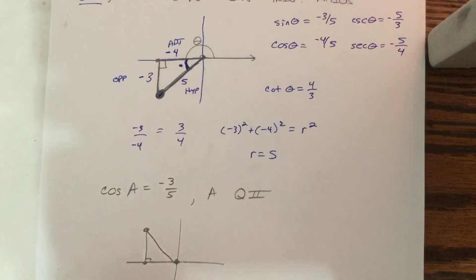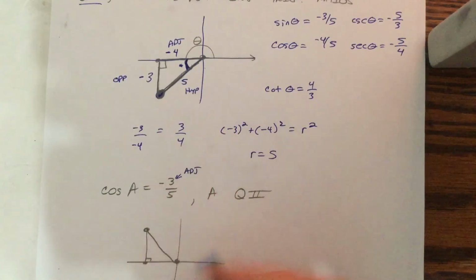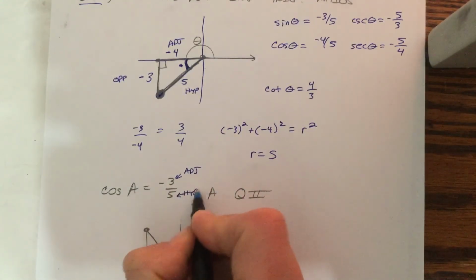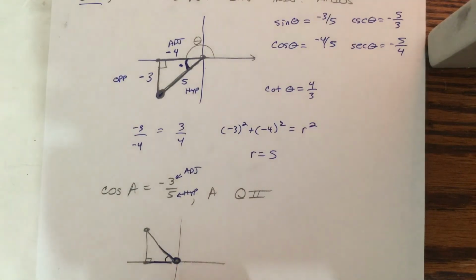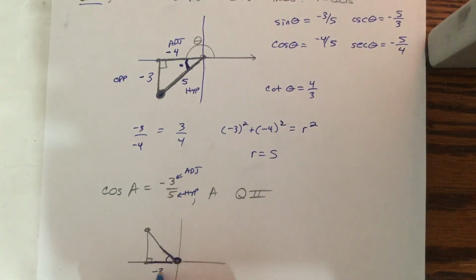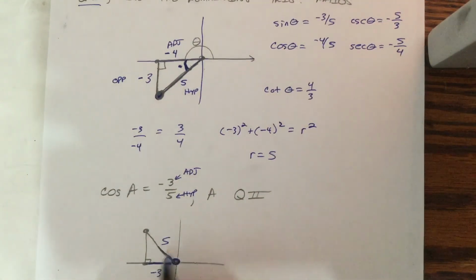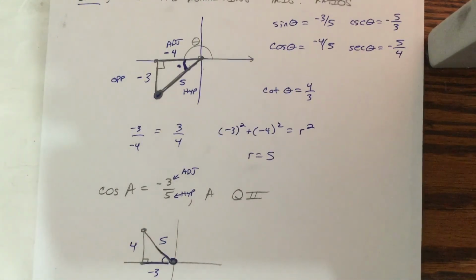That forms our triangle. The cosine is the adjacent over the hypotenuse. The angle we will use will be between the x-axis and the terminal side, so that's our reference angle to the actual angle. And in this case, the adjacent side is -3, the hypotenuse is 5. So see how those signs of those values stay the same. You could use Pythagorean to find that side of 4. Okay?